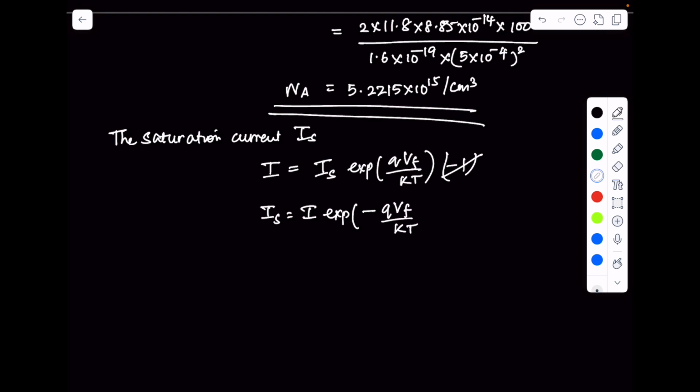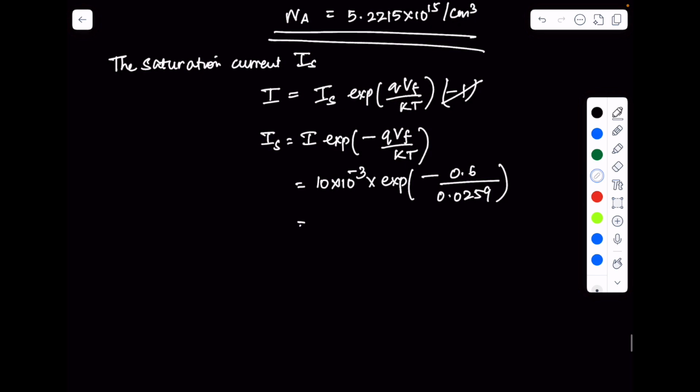So at room temperature, that's going to be 10 milliamp into exponent of minus 0.6 by 0.0259, and this works out to 8.692 into 10 power minus 13 amperes.